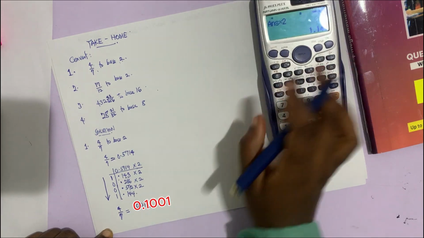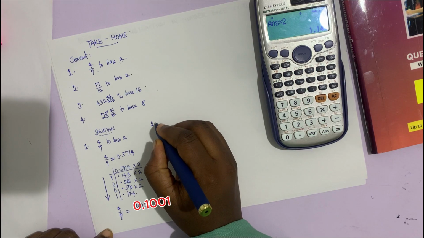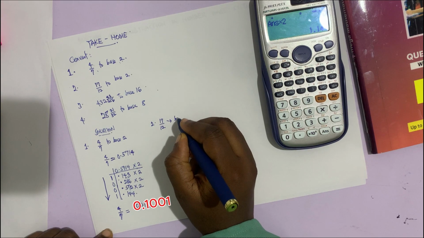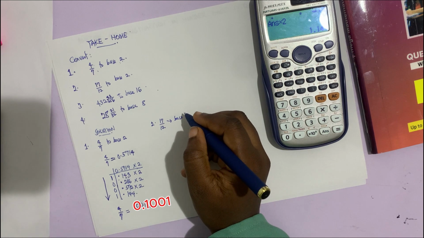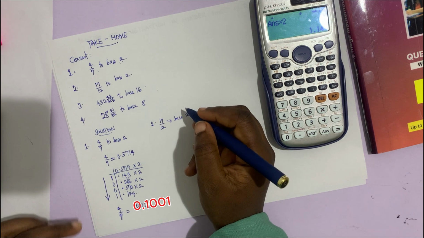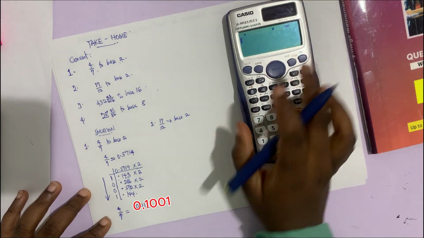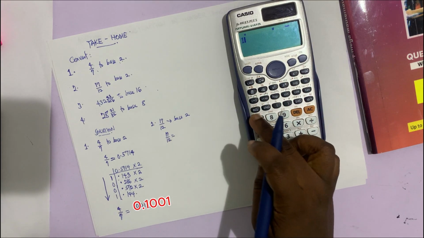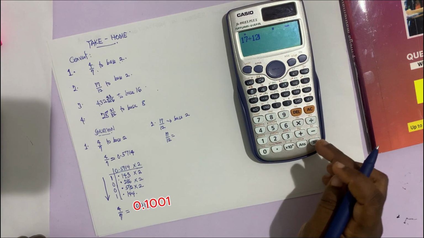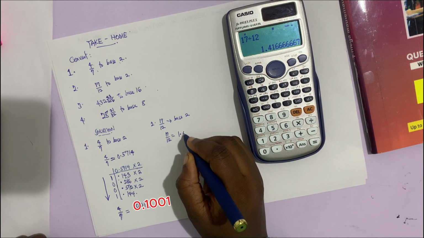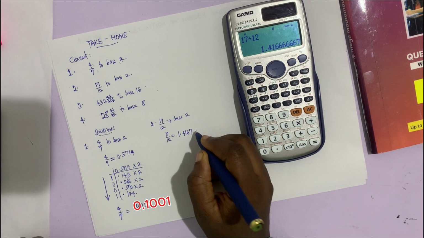So we move on to the second question. 17/12 to base 2. The first thing we want to do, 17/12, the equivalent of 17 divided by 12 in decimal will give us 1.4167 approximately.